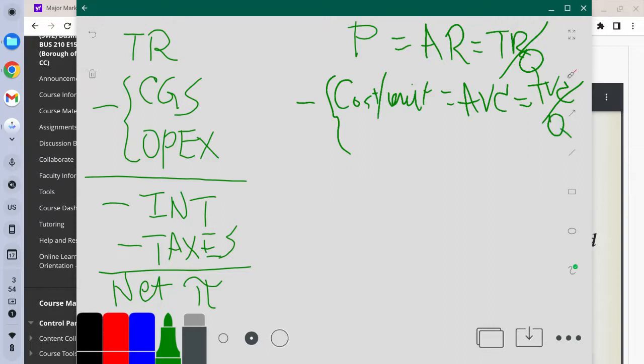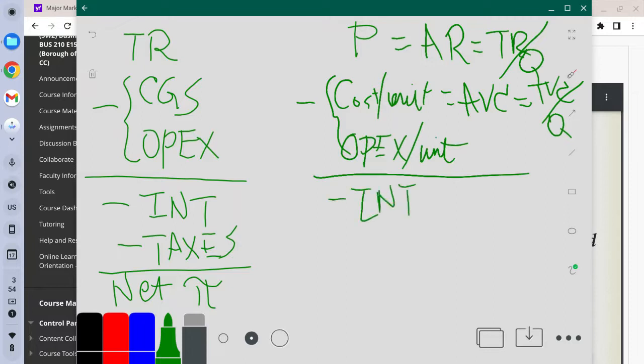Now, there is operating expenses per unit, and then you have to pay, there's interest per unit, right?